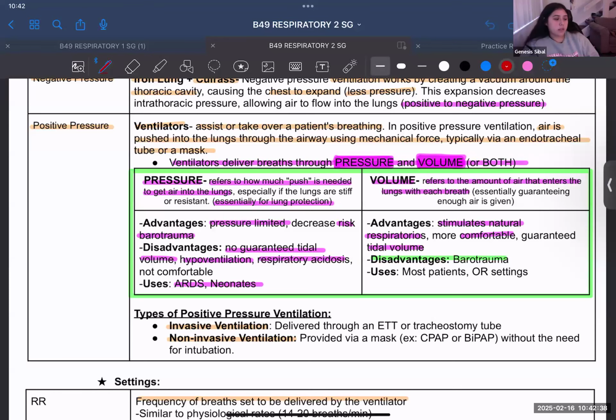So in terms of ventilators, obviously helping with direct breathing, there are two types of ways that we deliver breaths through vents, right? Pressure and volume. I talked about it last week, and I'm probably going to say the exact same thing because that's just how I think about it. I don't think you have to overcomplicate this. With pressure, that's how much push we're putting air into the lungs. That's not how much volume, right?